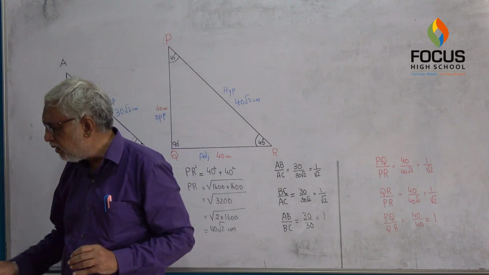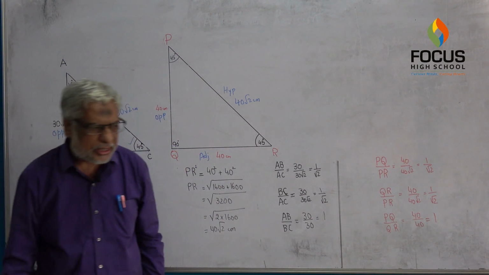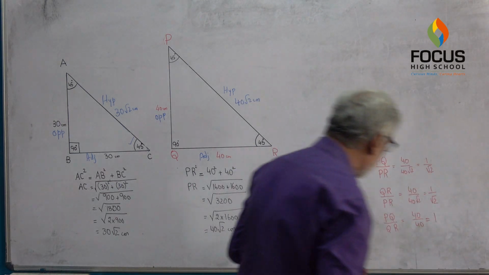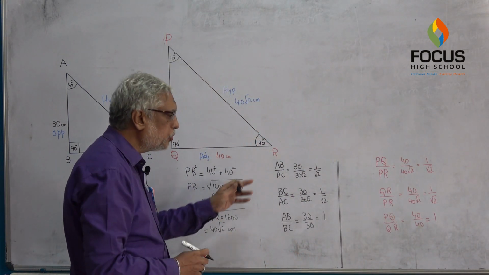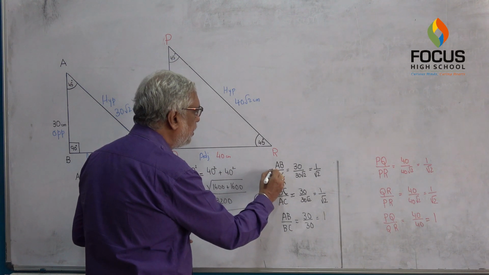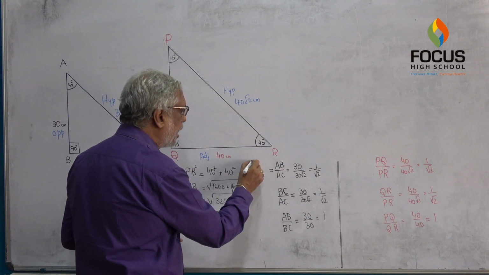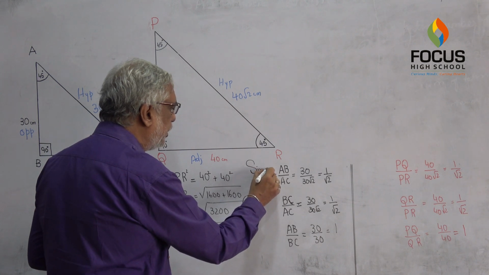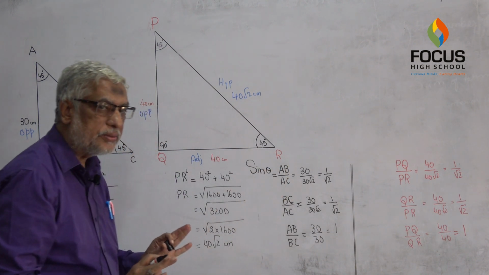Let me write down the names of the ratios. Now, I will give them a name. This opposite by hypotenuse, I call it sine of the angle theta, which is here 45 degrees.